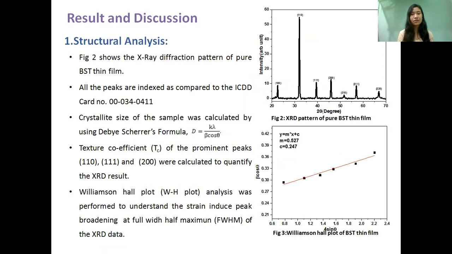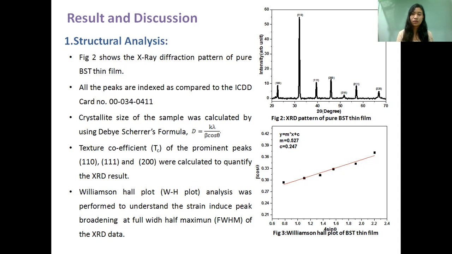The structural analysis of the prepared sample is done from the X-ray diffraction pattern. The X-ray diffraction pattern of the BST thin film is given in figure number 2. All the peaks are indexed as compared to the JCPDS card number given here. The crystallite size of the sample was calculated by using the well-known Debye-Scherrer formula. In order to quantify the XRD data, the texture coefficients of some of the prominent peaks are also calculated.